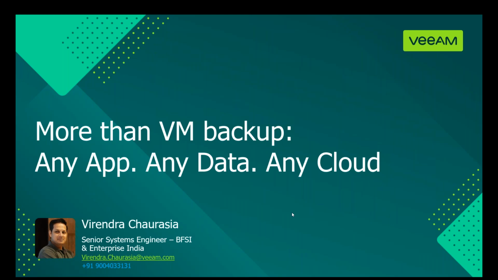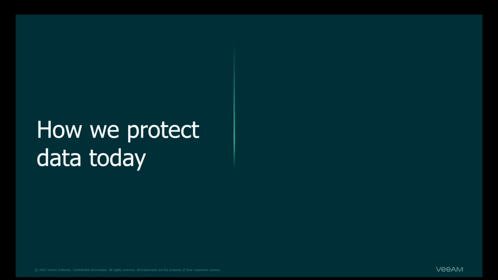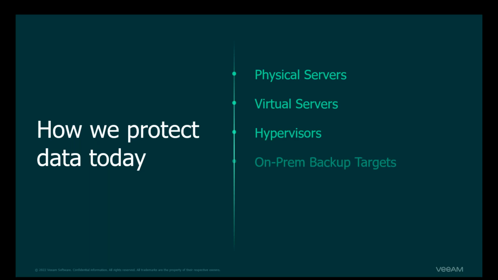So let me begin the presentation. Typically, if we see traditional data sets, how are we protecting data today? On the right side, you see the list of data sets which we typically have in our traditional IT infrastructure. It starts with physical servers. You may have virtual servers.